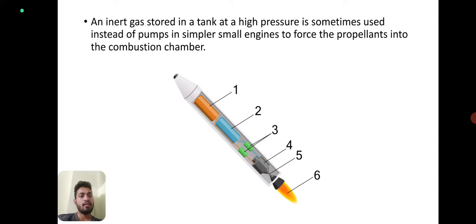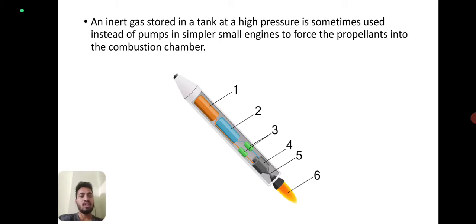And point 3 is known as pumps. Here two pumps are connected to the fuel tank and the oxidizer tank. When the fuel and oxidizer are pumped into the combustion chamber, there will be an igniter which ignites the mixture of fuel and oxidizer.